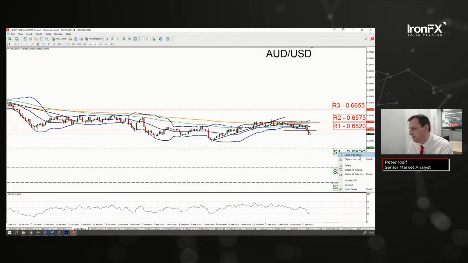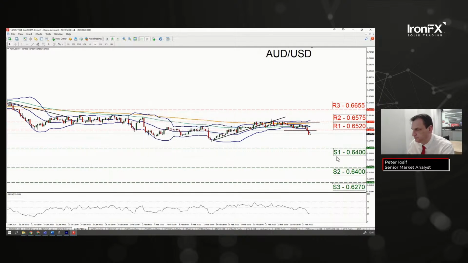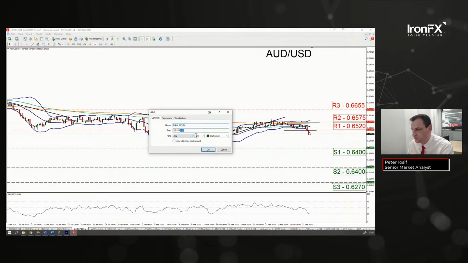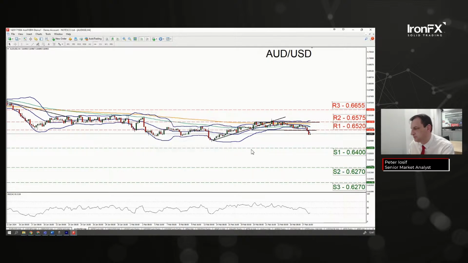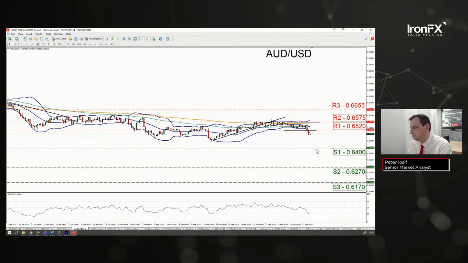The S1 now being set at 0.64. The S2 at 0.6270. And the S3 at 0.6170. Now at this point, my best guess is that actually the support lines are too wide apart.